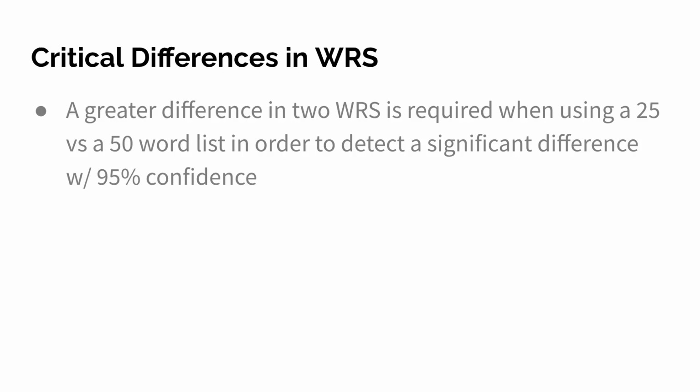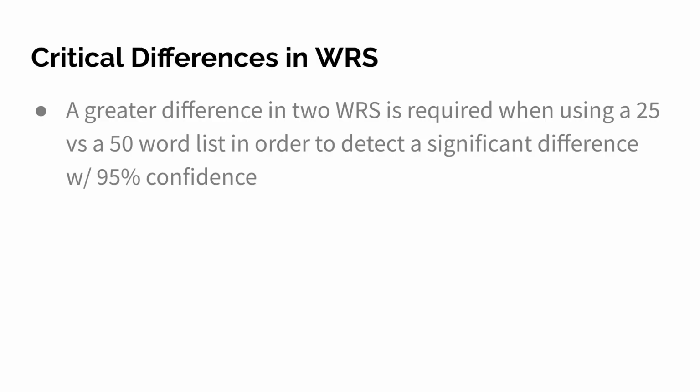Has to be greater than 33% for 25 items. Has to be greater than 25% for 50 items. Has to be greater than 23% for 63 items, which is again 25 words scored with phonemes. So that's an example on that page 189, critical difference tables.